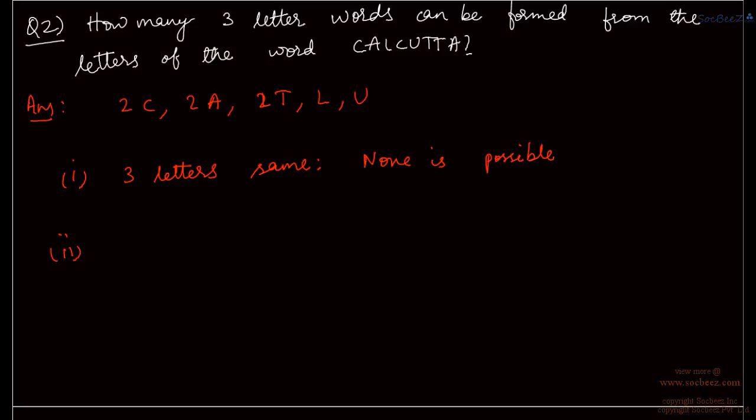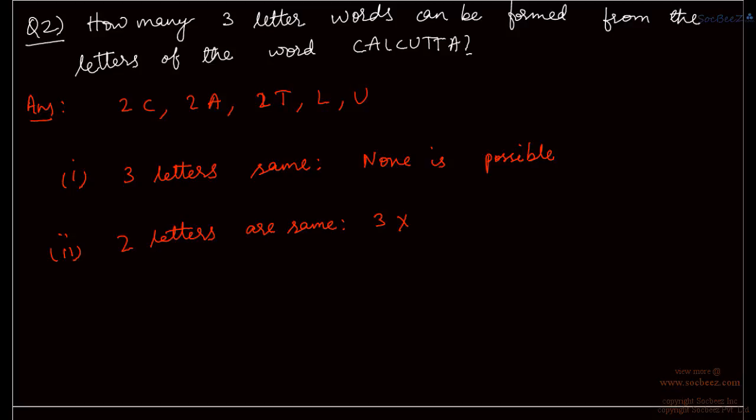Let us move to the next one, in which 2 letters are same. Now here we see that if 2 letters are same, that means they must be either C or A or T, right? So we have 3 choices. Moreover, once we have chosen either C or A or T, what remains?